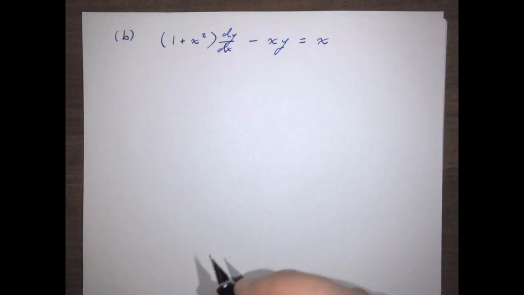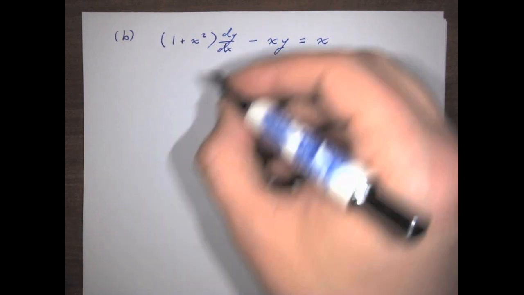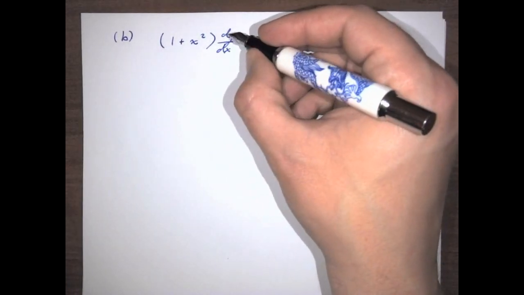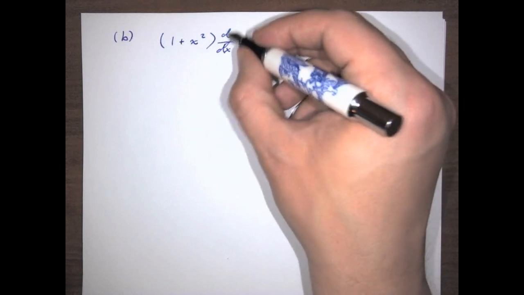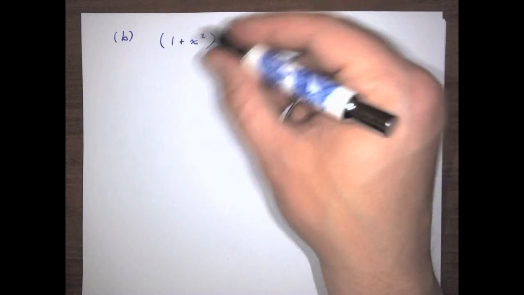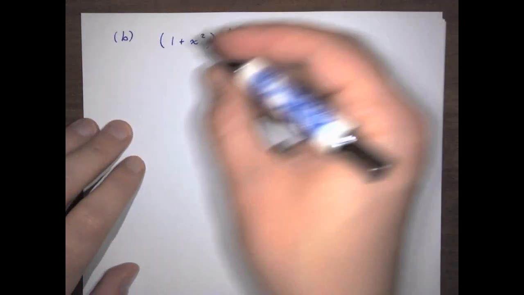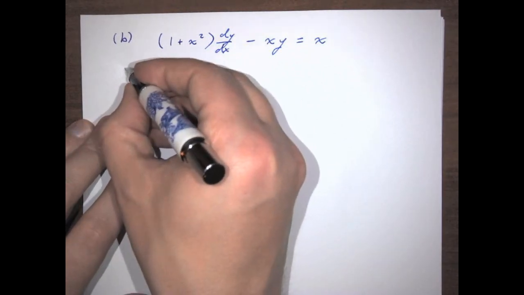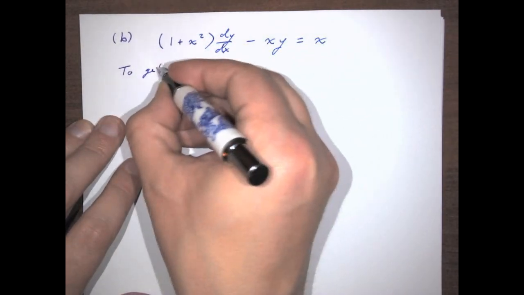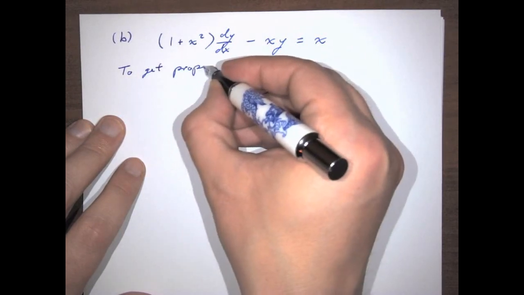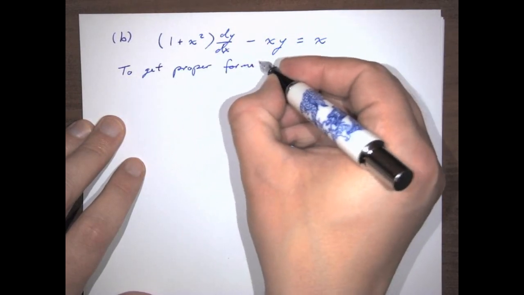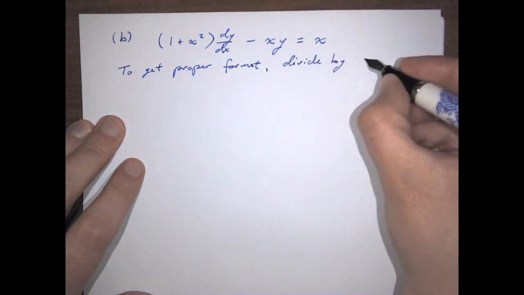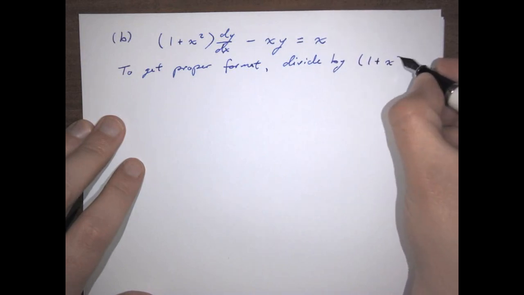Now in this case, we are not currently in a position to declare what the p and the q are, because this is not actually currently in the standard linear form. This should only be dy dx. So in order to make it linear form, we need to divide everything by this to get it into standard form. So to get proper format, we divide by 1 plus x squared.